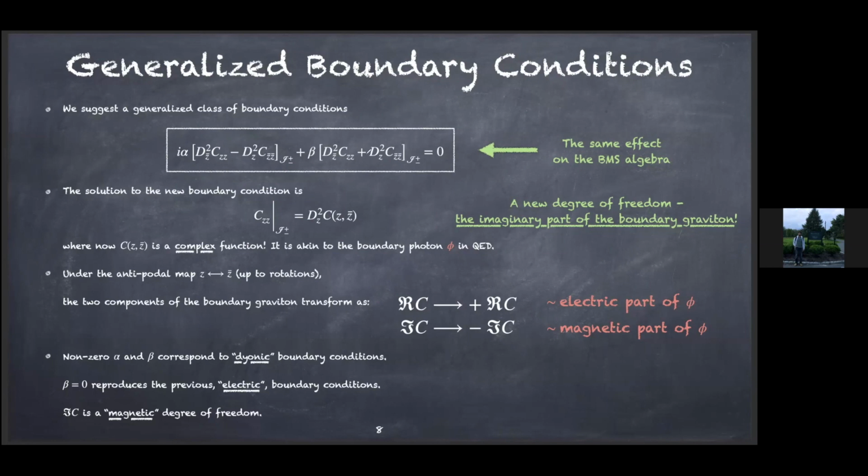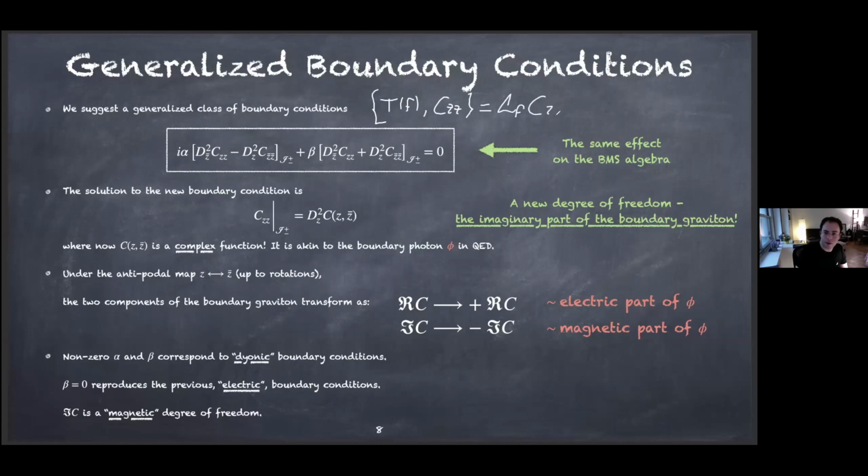Yeah, yeah. So Bra, you showed in your paper that the boundary conditions are needed in order to have the correct Dirac bracket between the super translations and the radiative data. Yes. And the claim is that this boundary condition is doing the same thing.